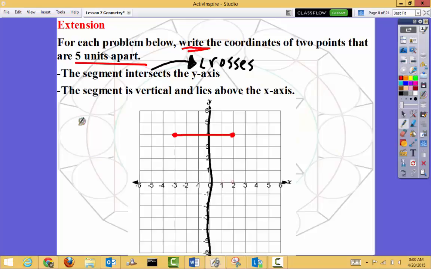So this is 1, 2. 1, 2, 3, 4. 4, comma 2. What do you notice is wrong about that? Remember, my left to right always goes first. So it's actually 2 because that's my x-axis. I went up 4. This one's going to be 1, 2, 3 to the left, so that's a negative 3. And it also went up 1, 2, 3, 4. So let's write our coordinates down.